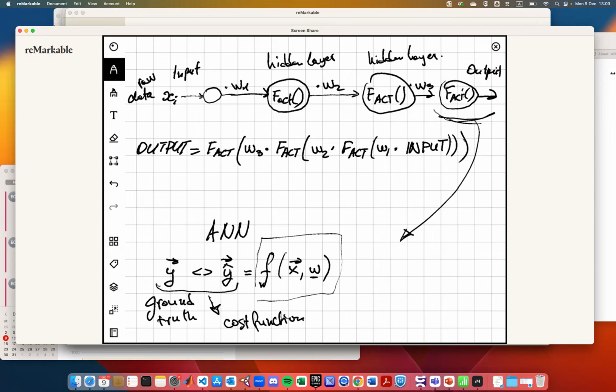There can be different cost functions. You can imagine it can be Euclidean distance. It can be root mean square error measure, etc. But here is the overall idea.